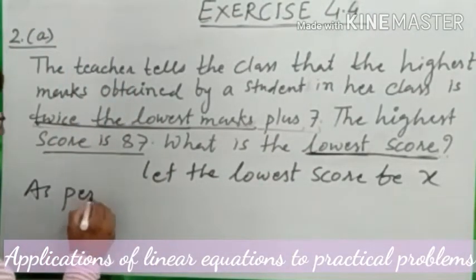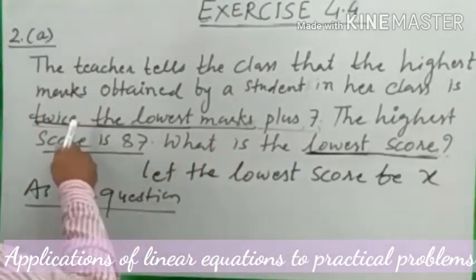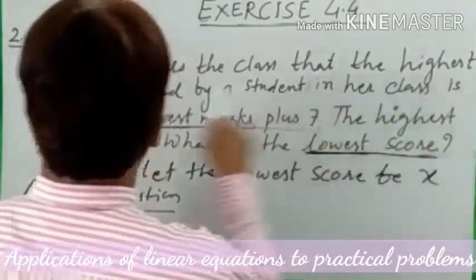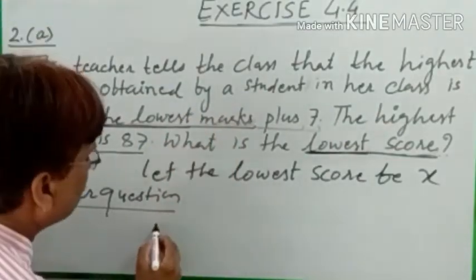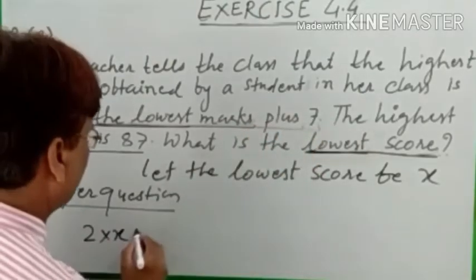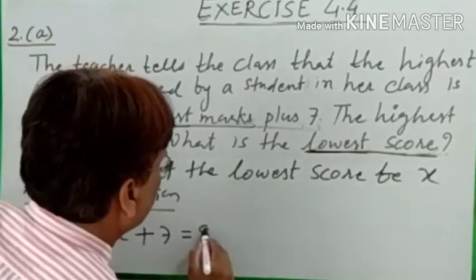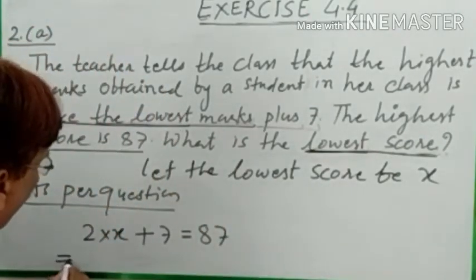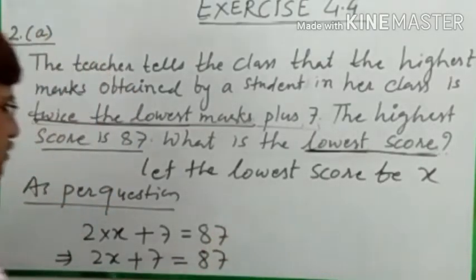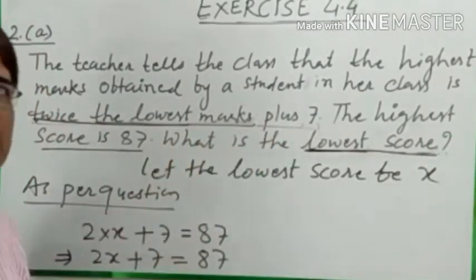As per question, the highest marks is twice the lowest marks plus 7, means 2 into x plus 7, and the highest score is 87. So 2x plus 7 is equal to 87. This is the equation of this statement.